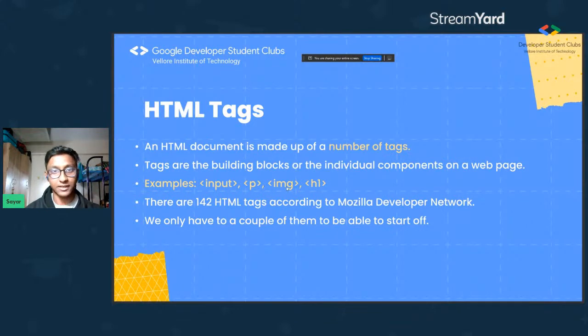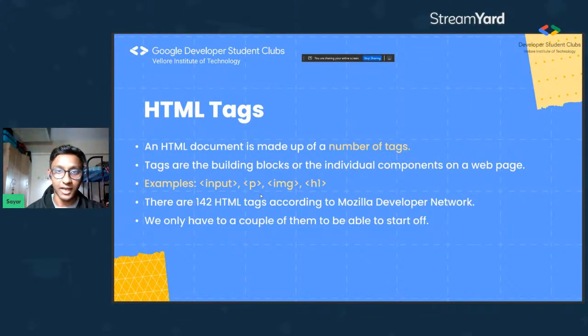Now, there are different kinds of tags. There are basically two kinds of tags, a paired tag and an unpaired tag. Now, a paragraph is a paired tag. What it means is that it has an opening tag, which is angle brackets P and then closing brackets, and you have a closing paragraph tag, which is angle brackets, then a slash, and then P, and then another angle bracket.